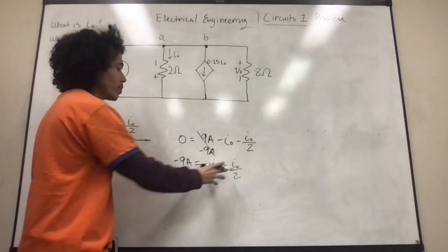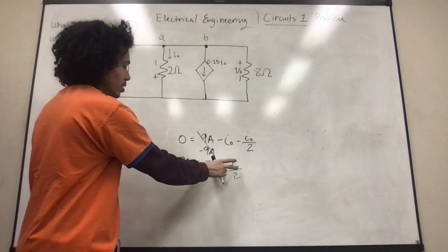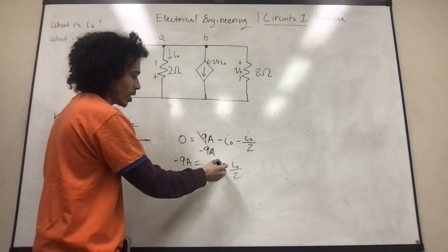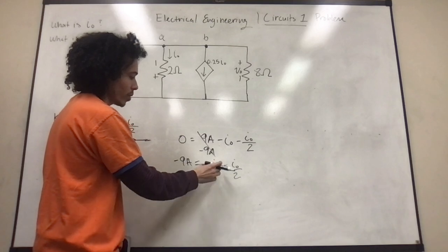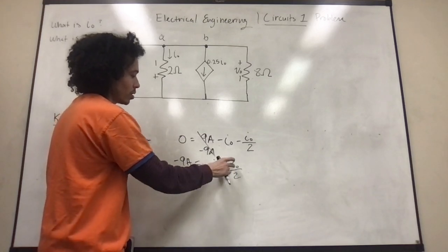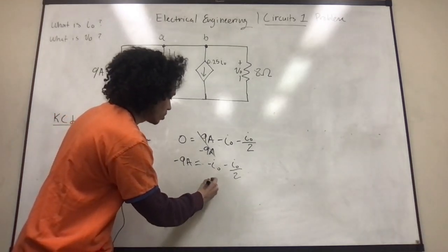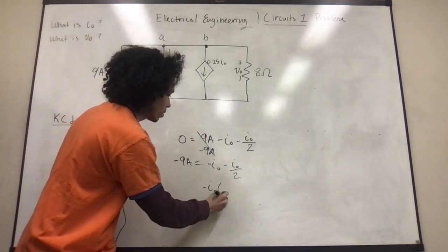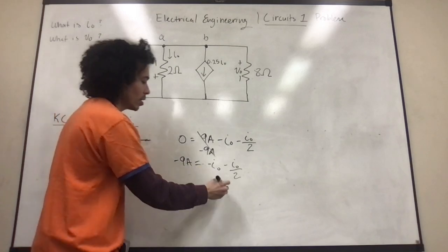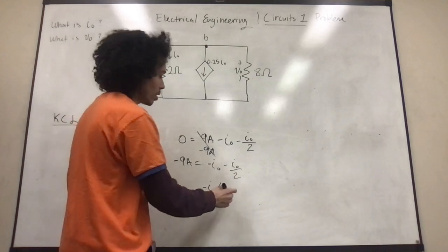All right, so now we factor the I naught out of this expression here. Both I naughts are negative. These two elements share negative values, and they also share the I naught. So we can proceed to factor it out. If we take an I naught out of this element here, we're left with 1. I naught times 1 is equal to I naught.